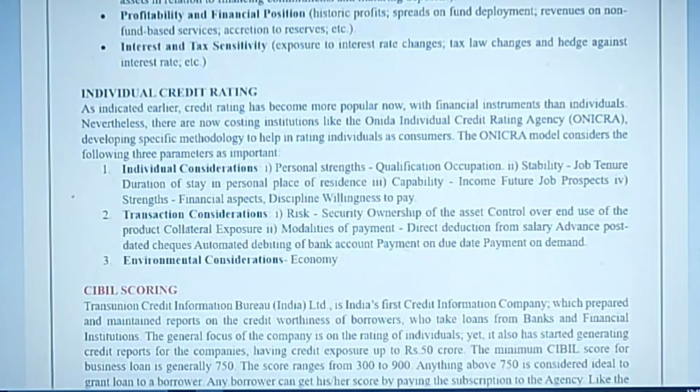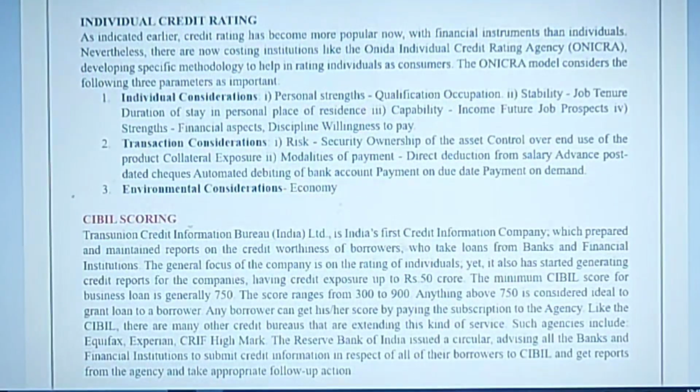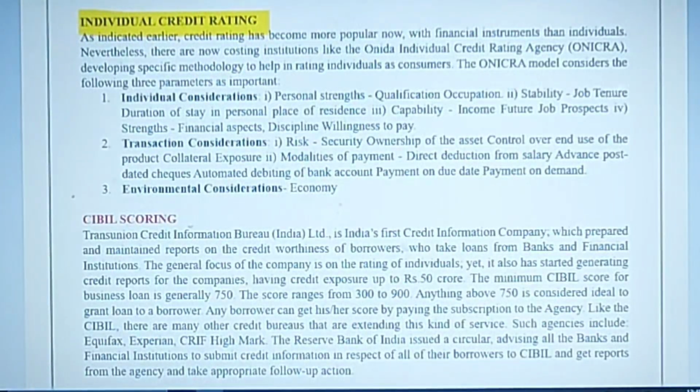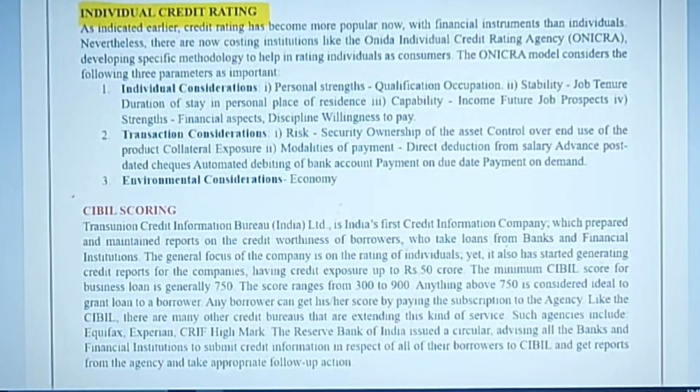Okay, the next one is individual credit rating. How we can rate the credit rating of a company. We know about this. Like, sometimes we ourselves check our creditworthiness online before taking any loan, and that is called the CIBIL score. So this is the same thing as the CIBIL score.